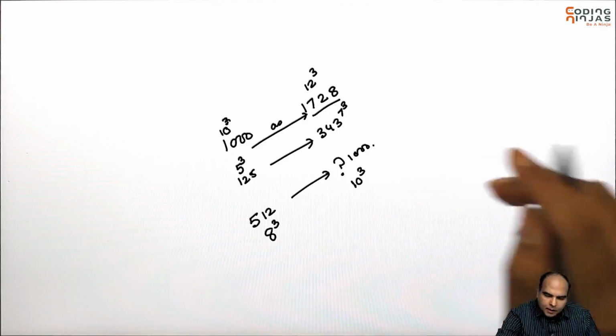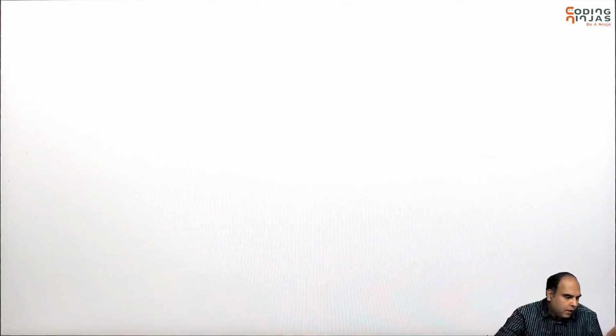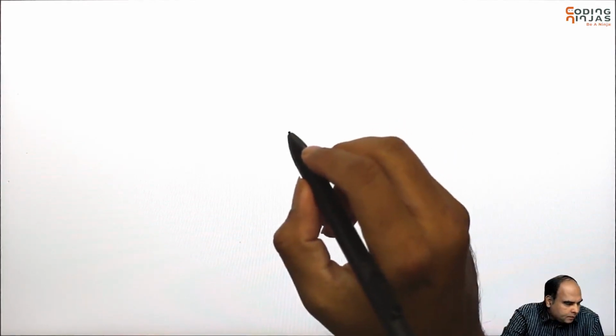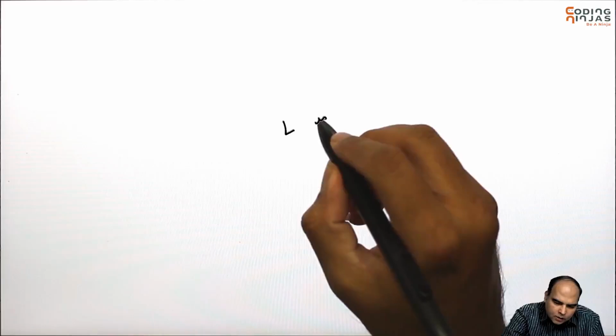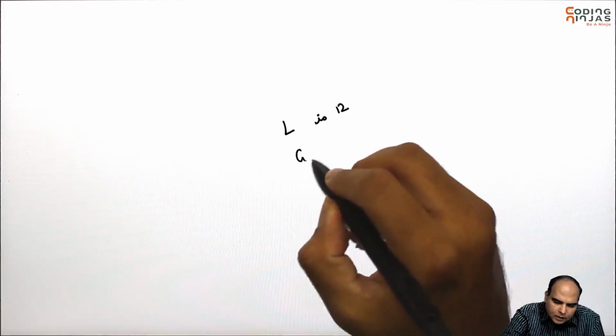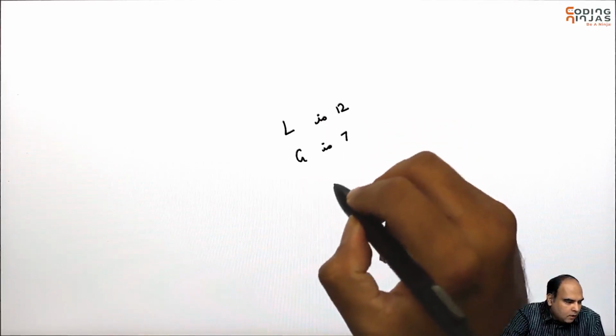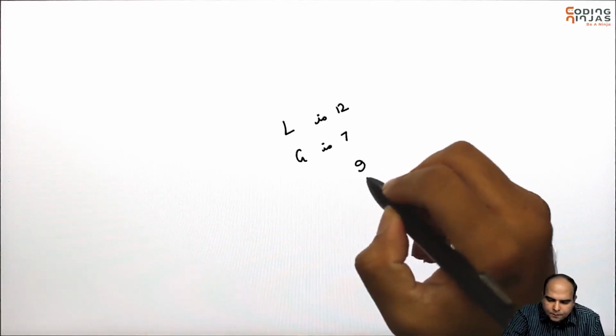Another case could be this: in a certain code L is written as 12 and G is written as 7. So what will be the code for 9?